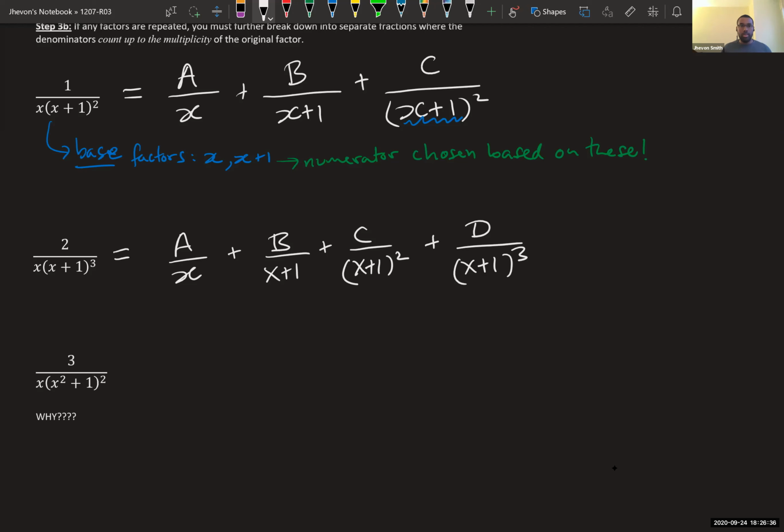Yes, right? So you see you're basing the numerator on the inner factor of the denominator, the thing that's in parentheses. Okay? So you're still following the 1 degree less rule, but that rule works on the base factor. It doesn't count the multiplicity.